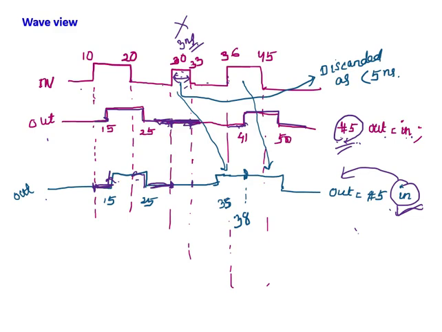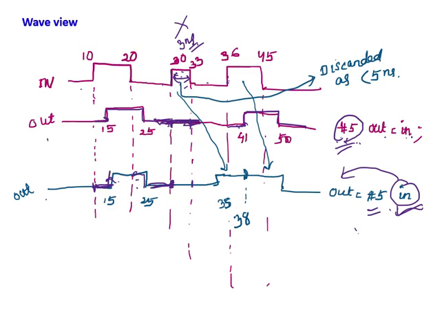Then at the 30 time step, we are having the transition from 0 to 1. This part is assigned to output. So this transition happens at 30 nanosecond. After 5 nanosecond, because the delay is 5, I will have the new transition 0 to 1.